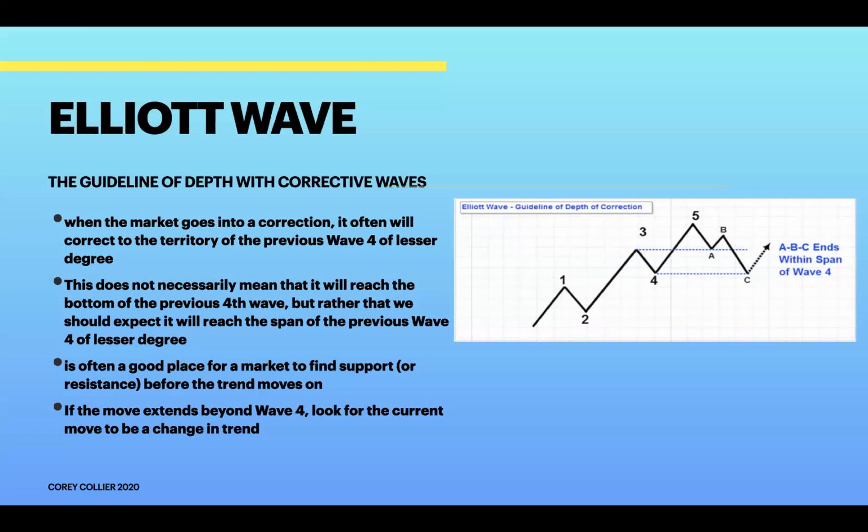That's going to signify a change of trend. All right, but according to that image to the right, if it starts to find support anywhere in between the zone of wave 3 and 4, then be looking to enter to continue the prior trend.